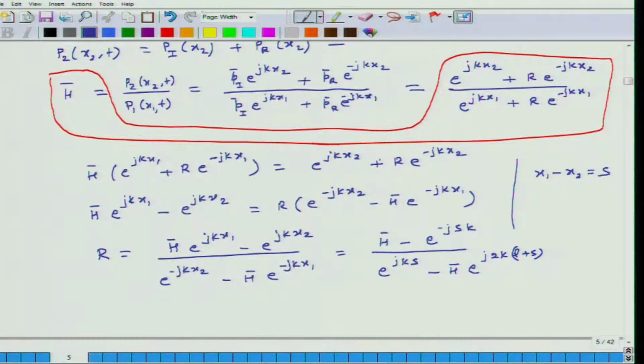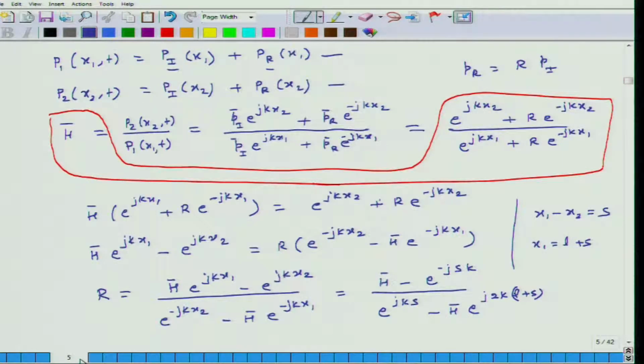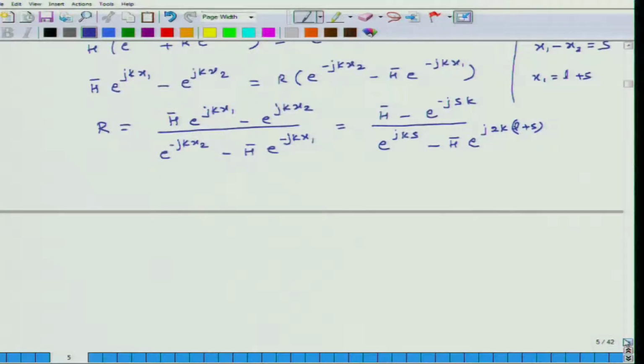So what is L plus S? x1 is equal to L plus S, which we had defined earlier. This is L, x2 is same as L. Okay. So I get this relation. So this is my final form.